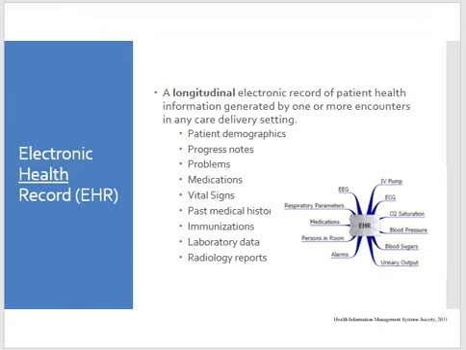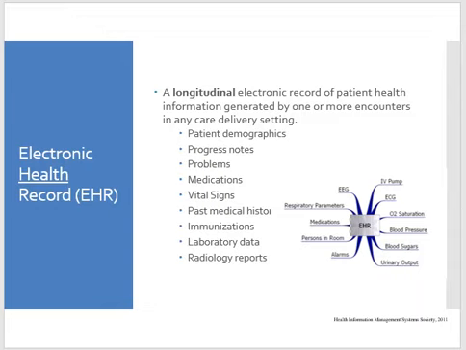So let's talk about different names of things, because an electronic healthcare record is different from an EMR or an EMAR. An electronic healthcare record, or an EHR, is a longitudinal record of patient health information generated by one or more encounters in any care delivery setting.